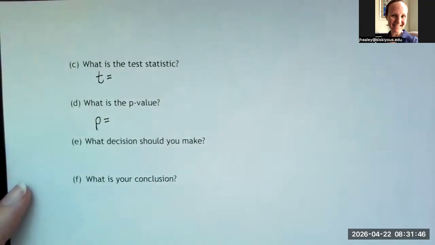So for the x1 bar, they gave us 78. For sample standard deviation 1, they gave us 8. And for the first sample size, they gave us 25. For the x2 bar, they gave us 74. For the second sample standard deviation, they gave us 10.